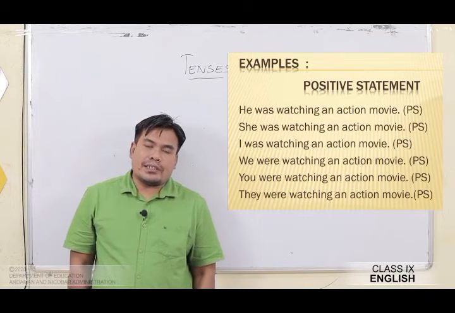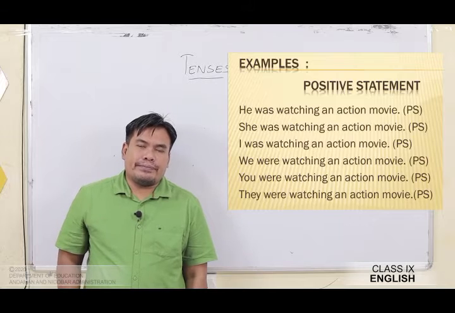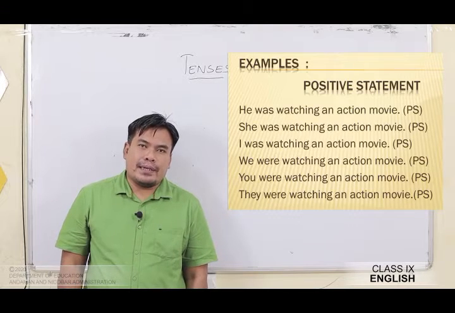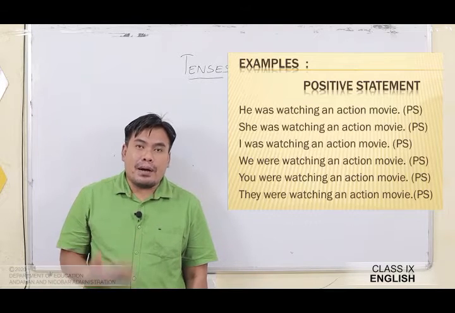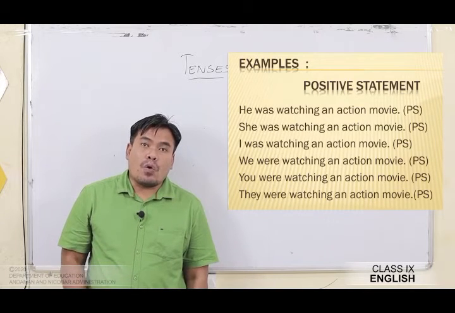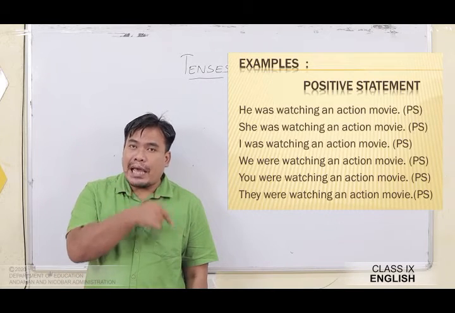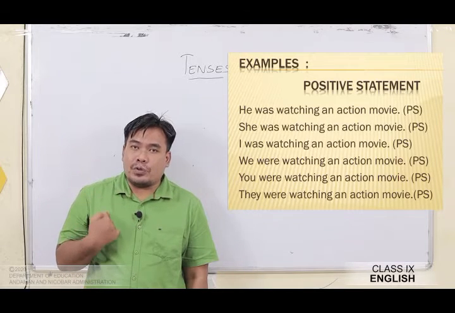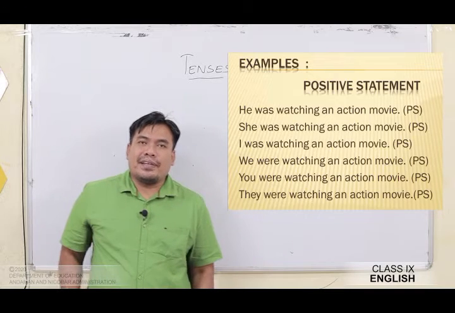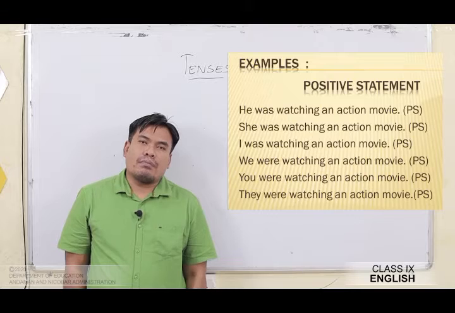I was watching an action movie. Whenever you are talking about yourself to somebody, and it happened in the past, you could say like this: I was watching an action movie, and that time it was happening when I was doing it.